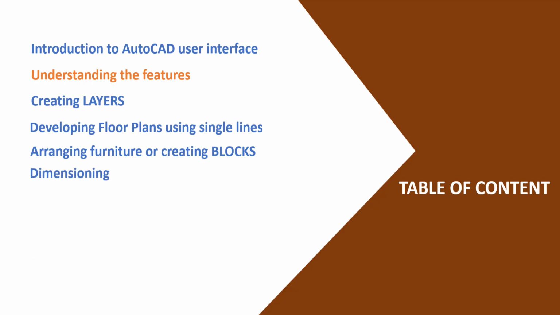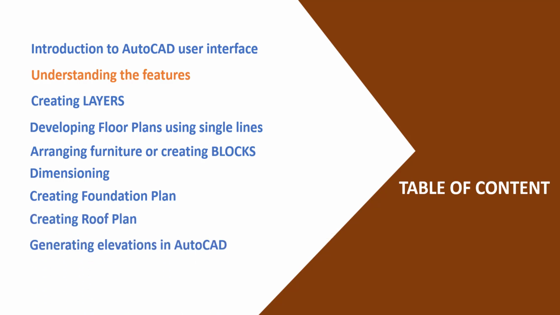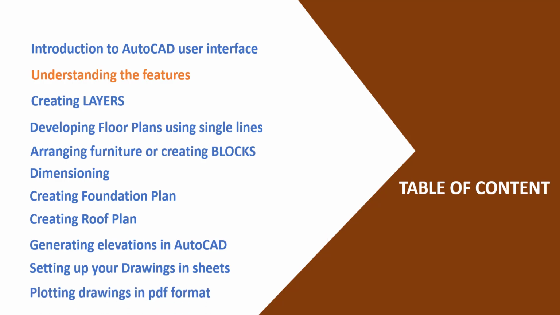We will also dimension our working drawings. We will create foundation plans, roof plans, and generate elevations within AutoCAD. We will set up our drawing sheets. Then we will plot our drawings in PDF format.